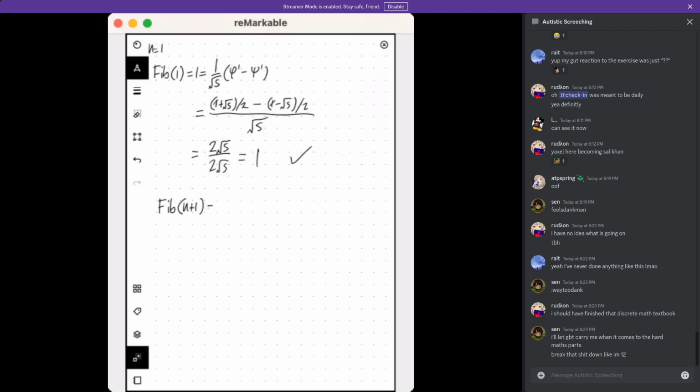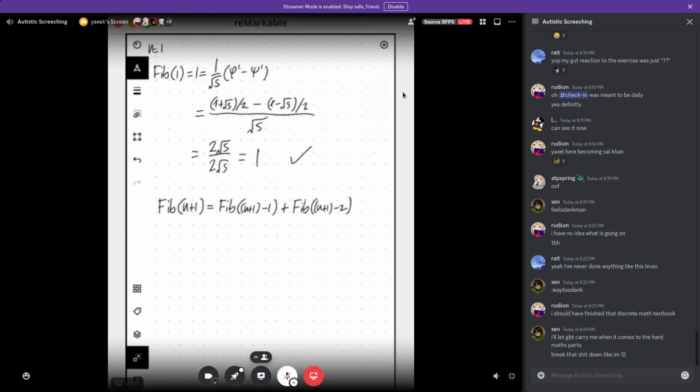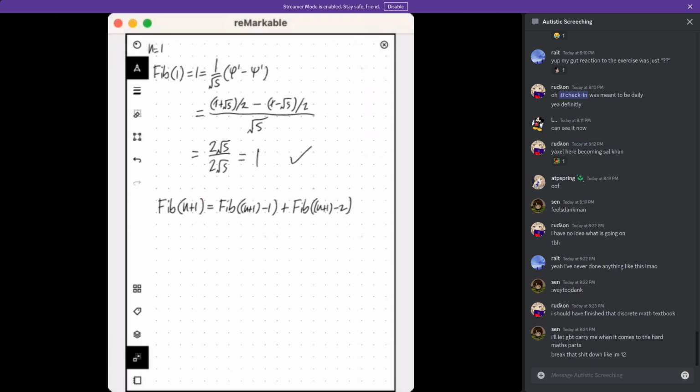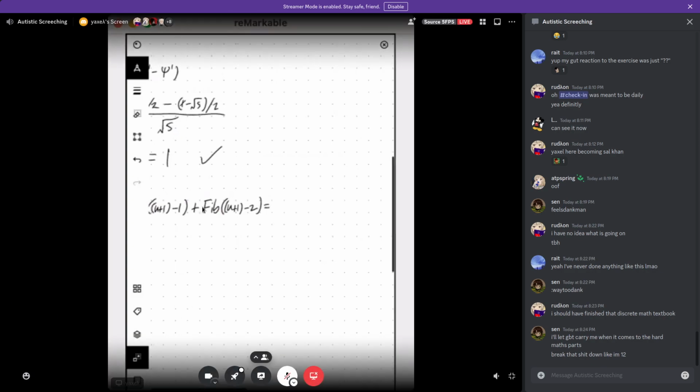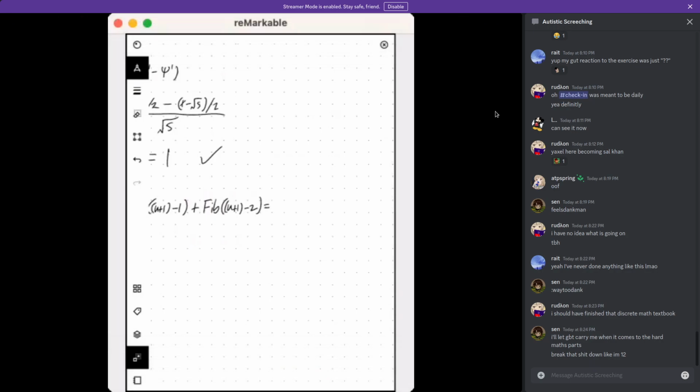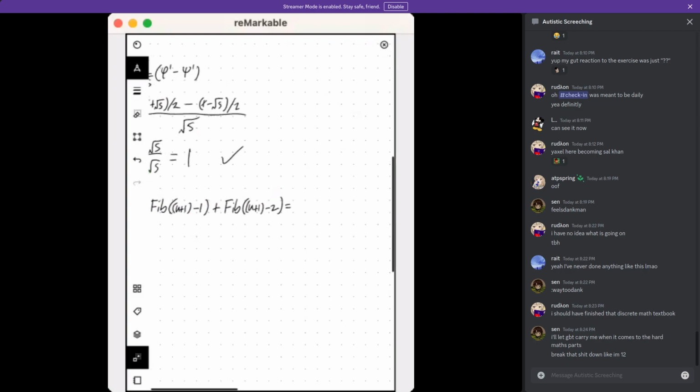Which is going to be the sum of the n plus 1 and n terms. So these are the two previous numbers in the sequence. And if we write this out here in our expression, we're going to prove that this is equal to this here.